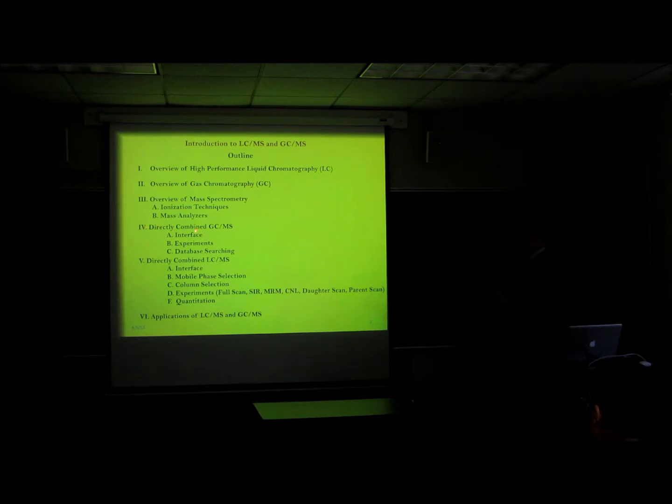And then when you combine LC with mass spectrometry, many of the factors involved are going to be similar to combining GC with MS, other than types of mobile phase selection and so forth that's going to be specific to LCMS. And then we'll talk a little bit about applications of LCMS.